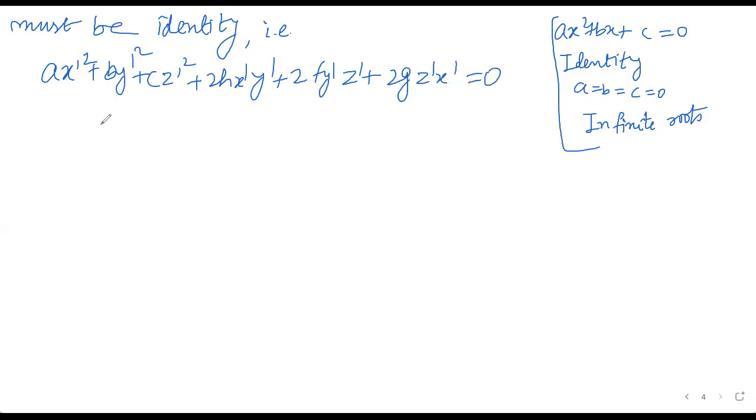This is your first term, and then the second term, the coefficient of lambda, is twice of this, 2 you can shift to 0. So u x dash plus v y dash plus w z dash is equal to 0, and d is equal to 0.